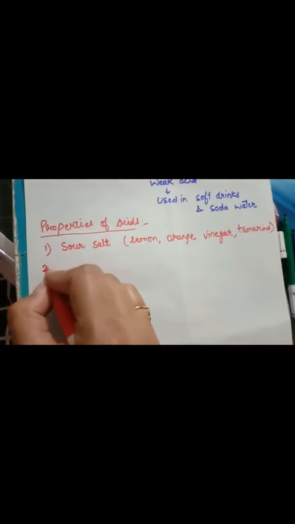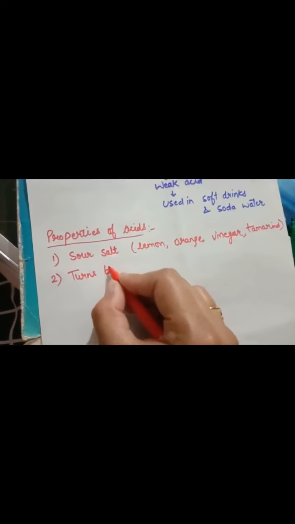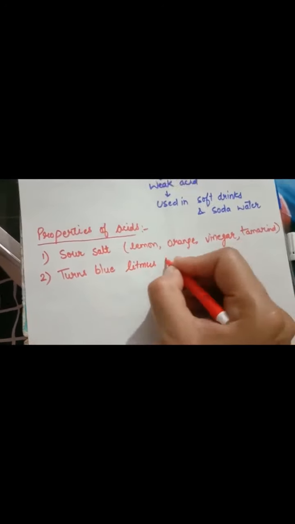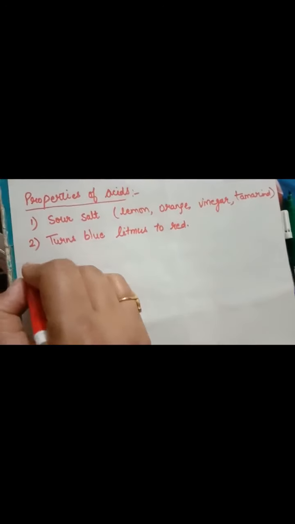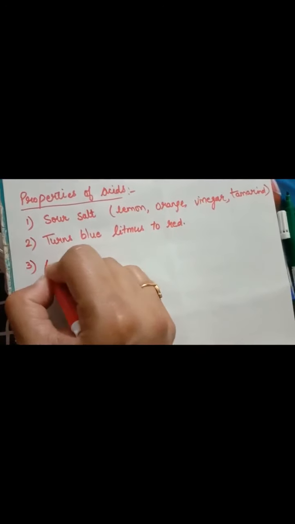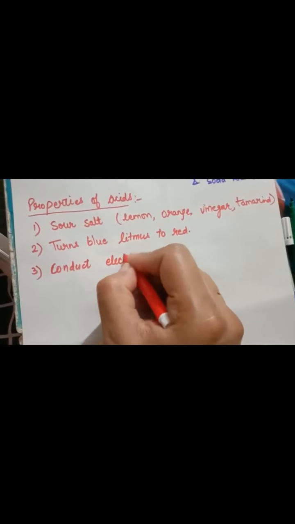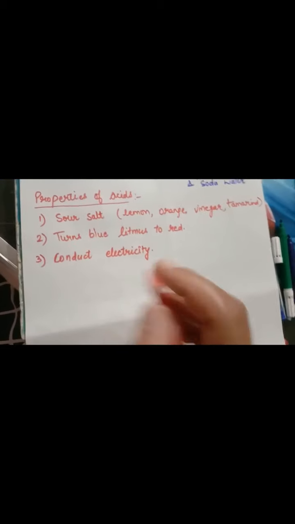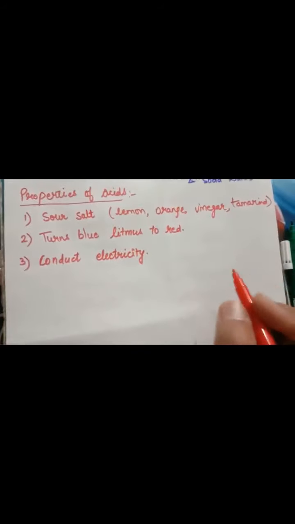Next, the second point is that they turn blue litmus to red, that we have seen in our last video, acid base indicator. Next, the third property is that they conduct electricity, means current can pass through them.